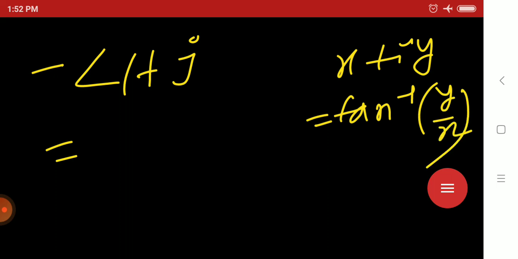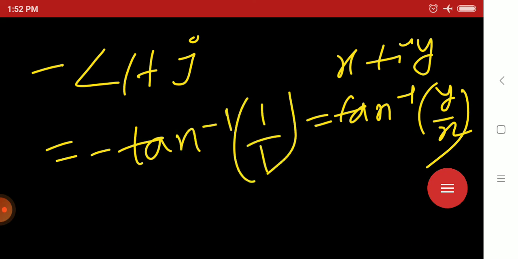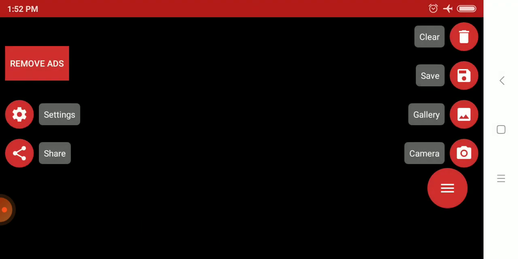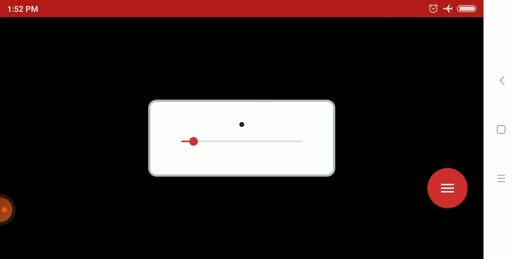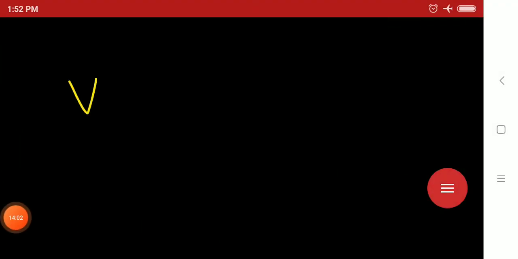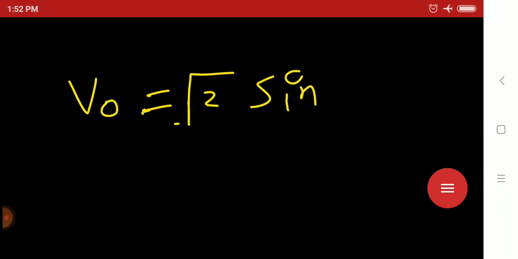So here minus of tan inverse 1 by 1. So here the angle will be minus pi by 4. So what will be the actual output? That means it is lagging by pi by 4 angle. So actual output will be V0 equals root 2 sin t minus pi by 4.